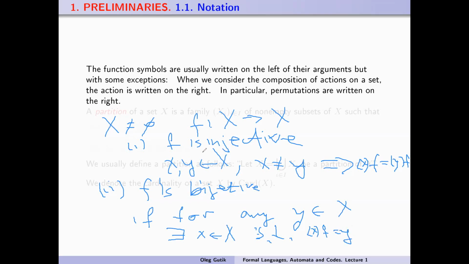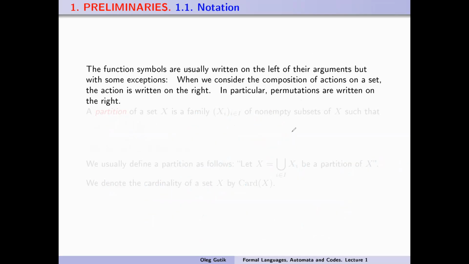In this case, when a map from X to X satisfies these two properties, that f is injective and f is surjective, then the map is called a bijection or bijective. When the set X is finite, we shall call such maps permutations of X.